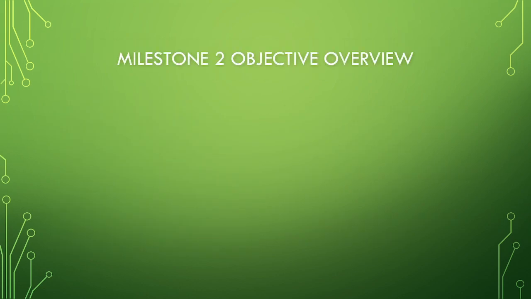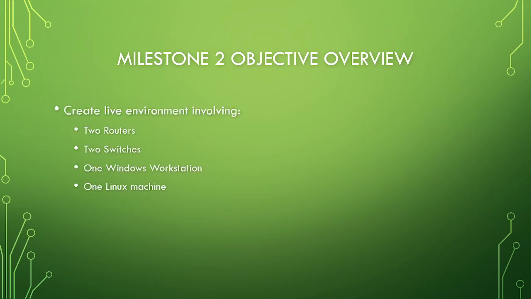In our next set of slides, we'll talk about the Milestone 2 objectives overview. We did this by creating a live environment involving 2 routers, 2 switches, 1 Windows workstation, and 1 Linux machine. We then configured RAID 1 storage configuration on our HP server.